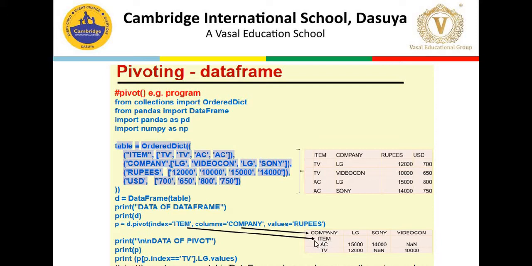And on the horizontal first row, we have the names of the companies, and the rest is covered by the values of the items, that is values equal to rupees. So this is how we have applied it. This data frame has been converted into this table using the pivot method.